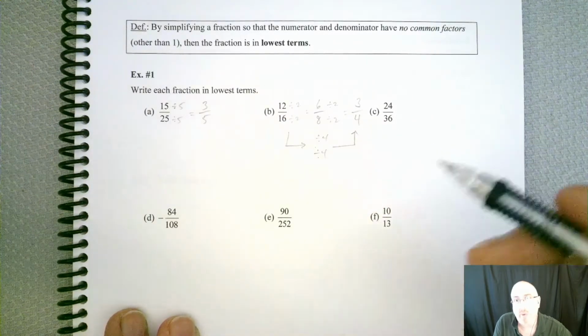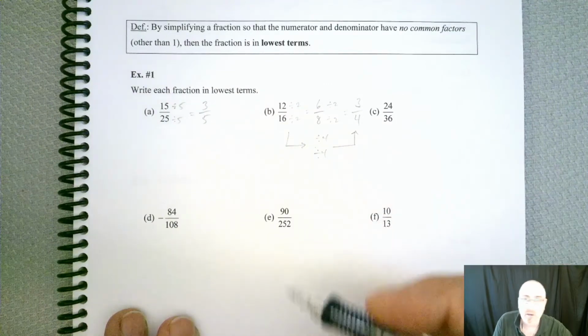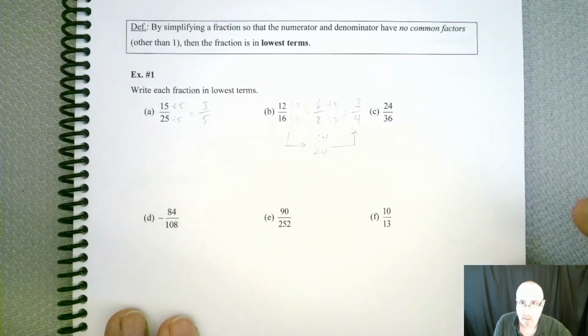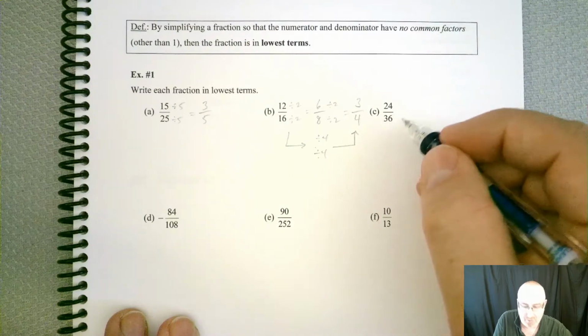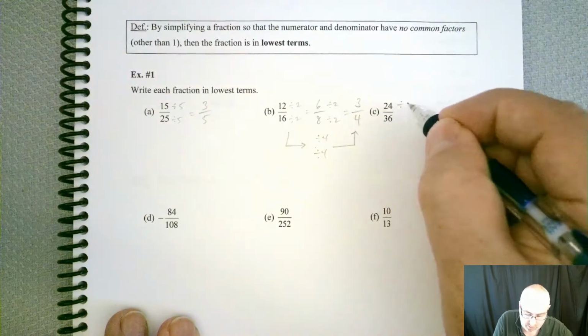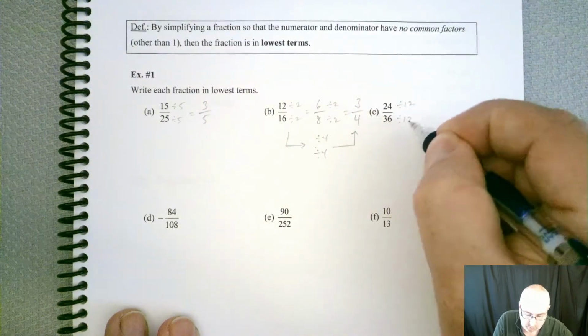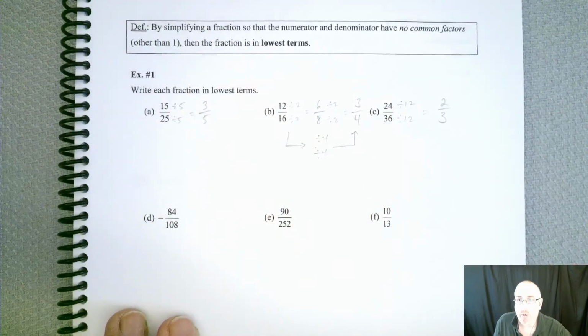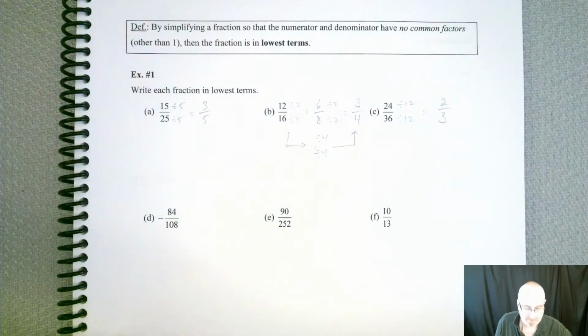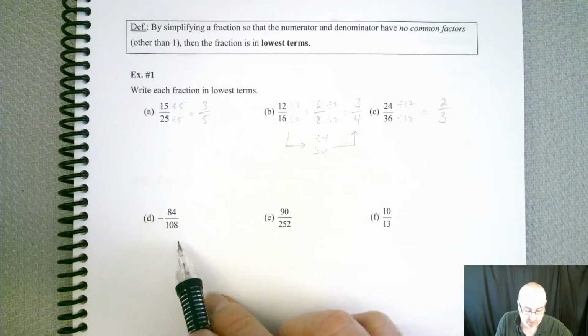We could divide out a 2, another 2, and then a 3. So we could do that one in multiple steps, but if we realize that 12 goes into both of those, we can do this in one step. So 2/3. Pretty quick.